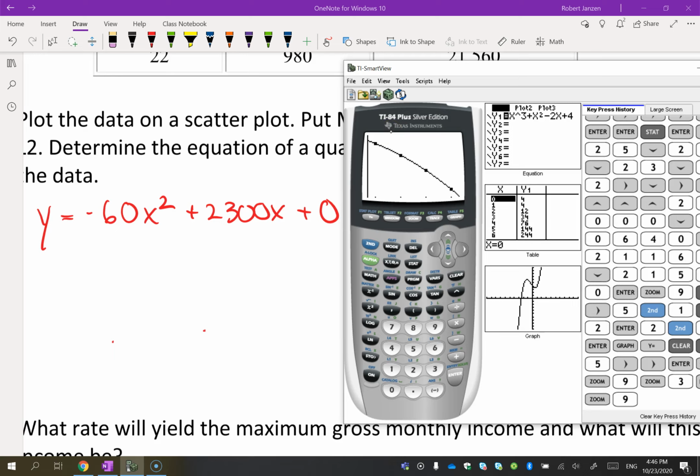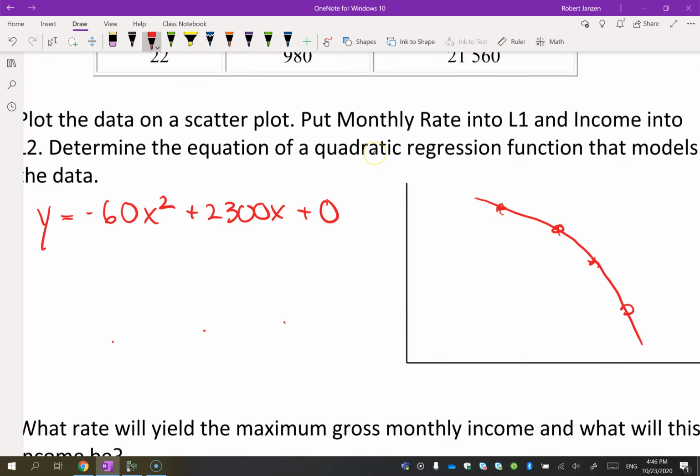It looks like it's to the left of my screen. Well, don't forget, the reason it looks like this is because we've cut off the values for x. If you remember, our x values are only 22, 23, 24, 25. It looks like our maximum might be here somewhere.